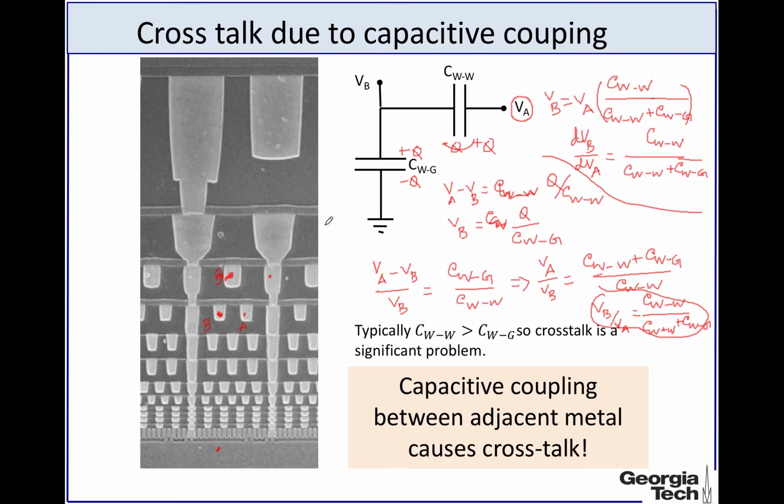The gap between adjacent metal lines is much shorter than the gap between the line and the ground. Essentially CWW is much larger than CWG. So as a result, this problem of crosstalk is actually pretty big.